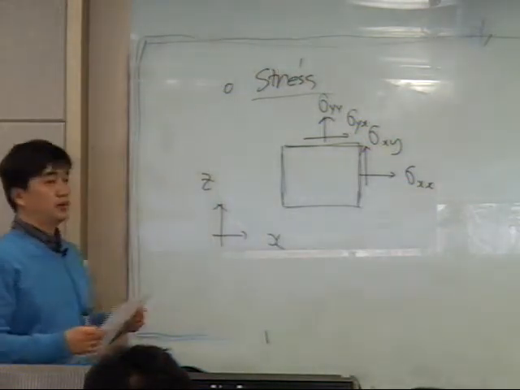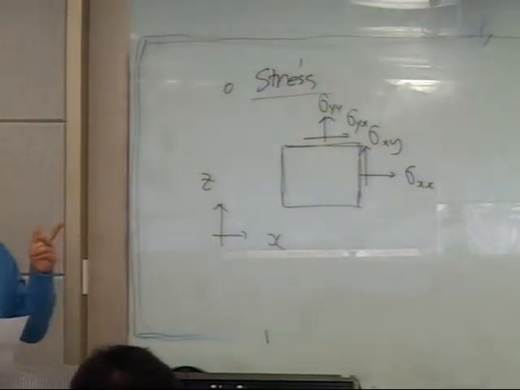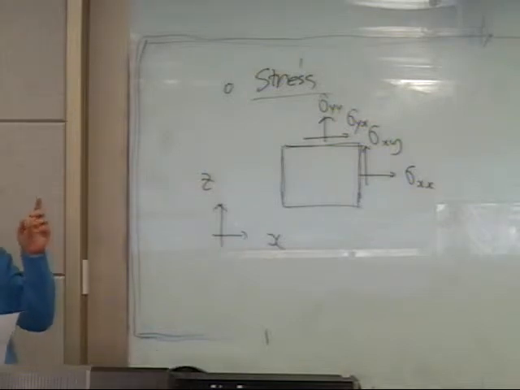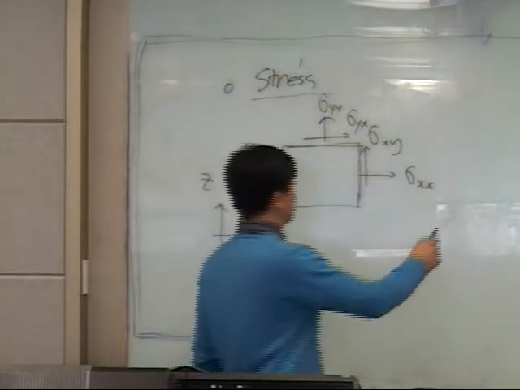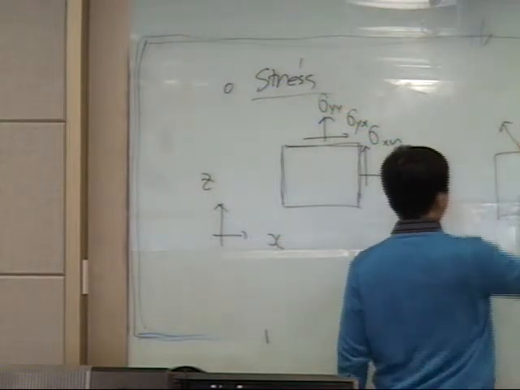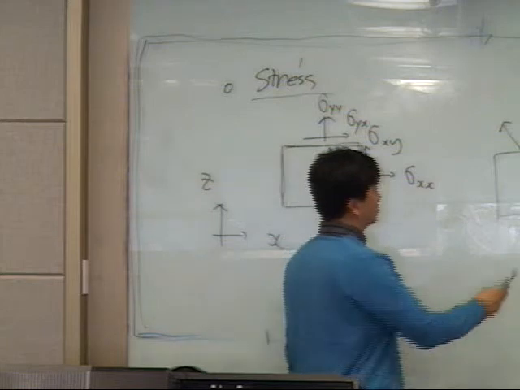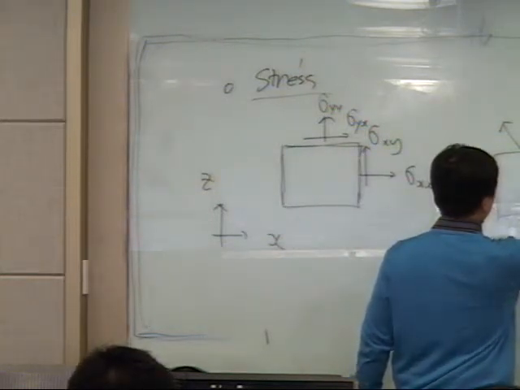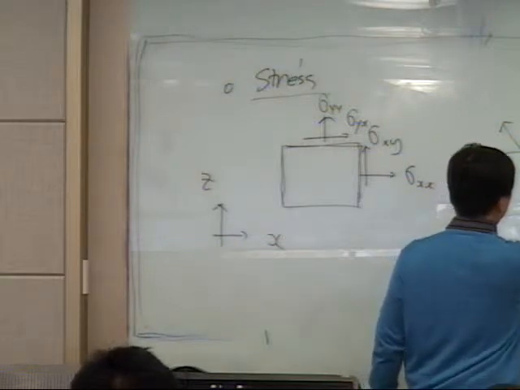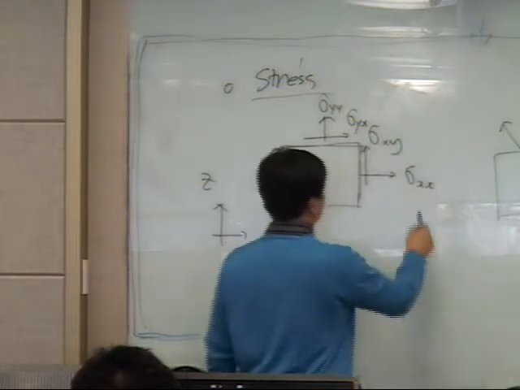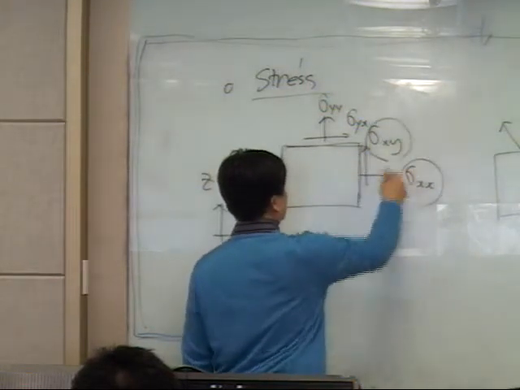In 2D we have four stress components. It's a pressure acting on the very small cube. Usually in this cube there is some pressure with some direction, and this pressure can be divided into two parts: the normal component and the tangential component.